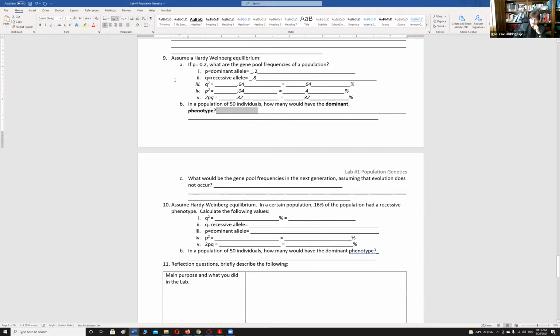What do you think? What does your paper say? I'm looking for just the percentage. Would it be 64? Would it be 4? Would it be 32? Any other numbers? Talk to me, or type it. Anybody?